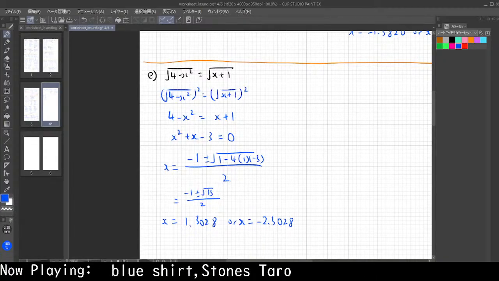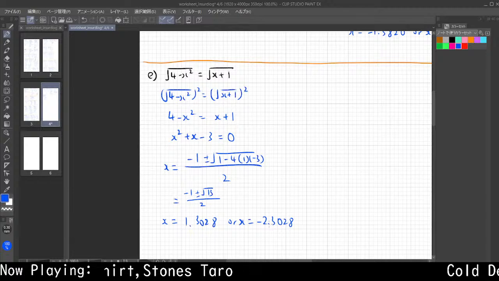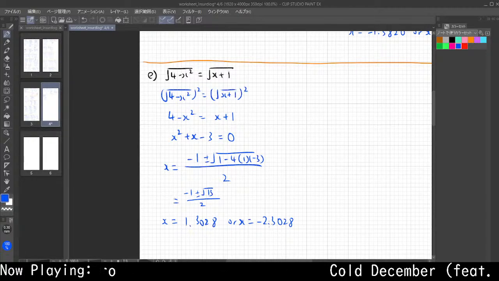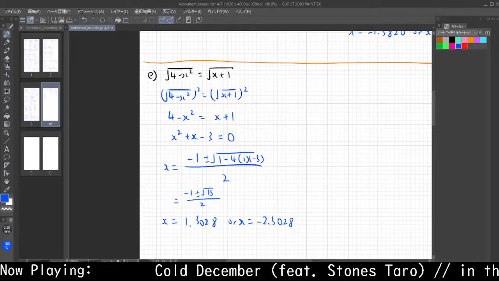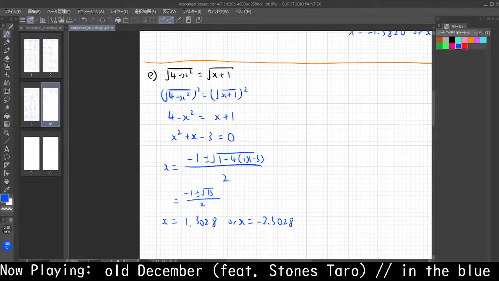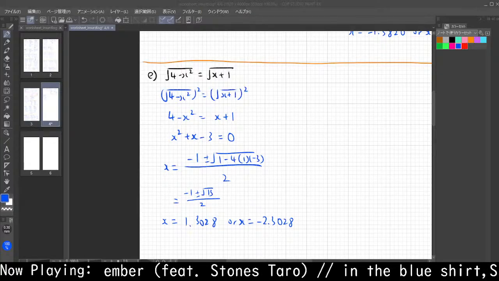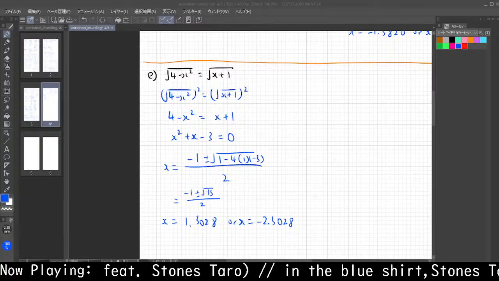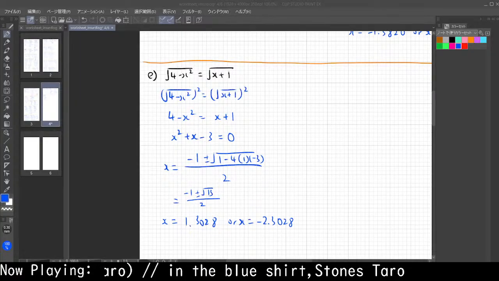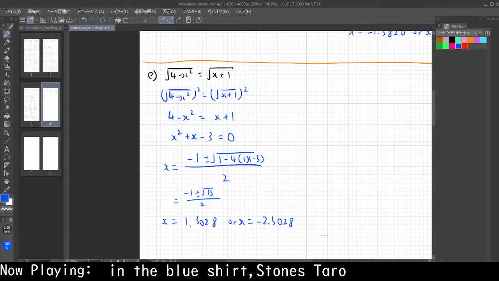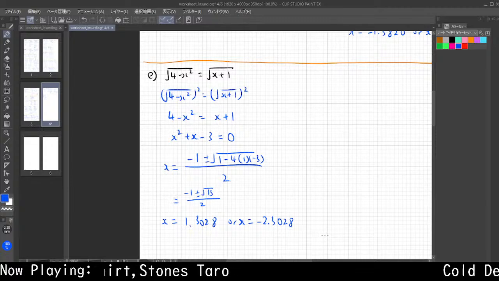2 answers. Same thing. You want to double check whether either of the answers need to be rejected or not. And for this particular question, it is easy to check because my right hand side is x plus 1, and the main rule for square roots is that you cannot have negative numbers inside the square roots, then it will become i, then you have no use for that.